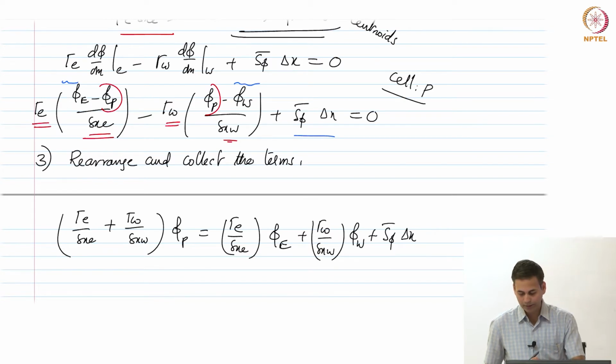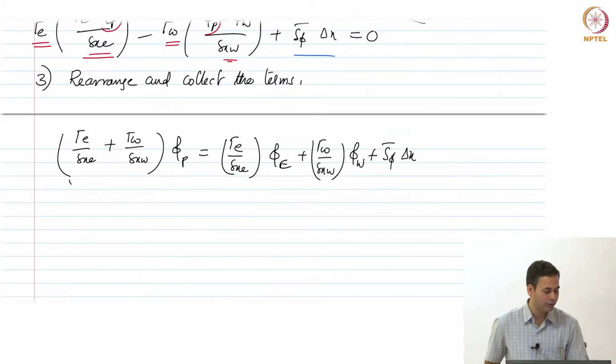We will write in a particular form where we call the coefficient multiplying phi p a. Because it is multiplying phi p for the primary cell, we call it a p. Similarly, this coefficient we will call a sub e, and this coefficient a sub w.